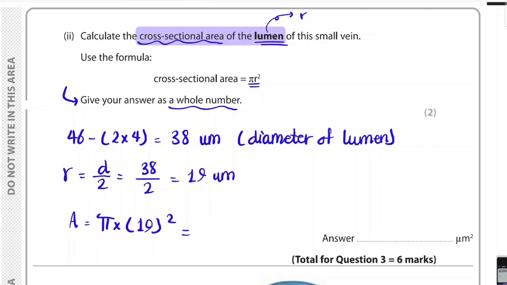Use your calculator to get the answer, and don't forget to round it up to a whole number. The answer will be 1134.1149 and so on. I only need this answer, so just write it here. Don't forget to write it in the spaces provided to get the answer.